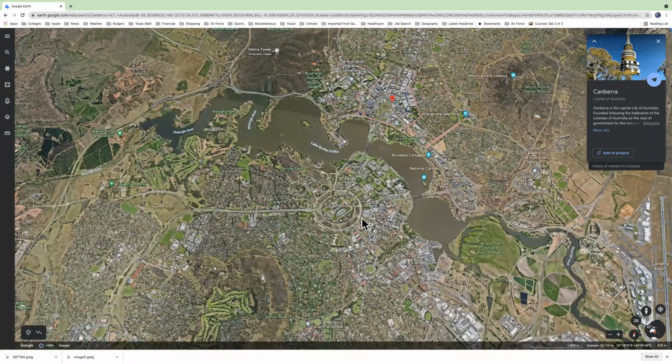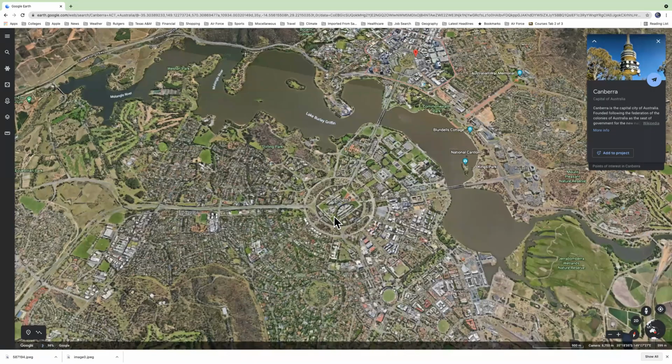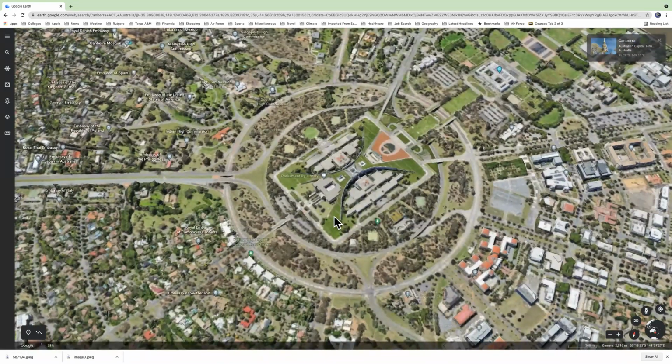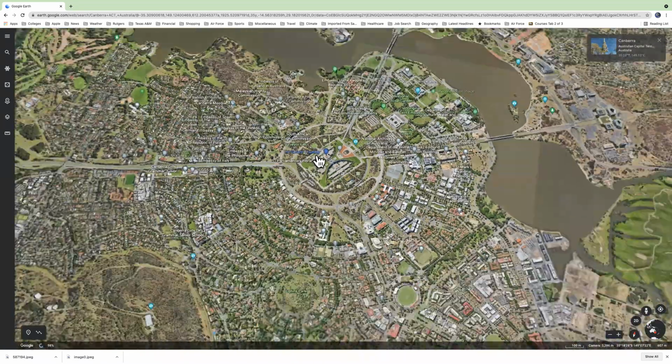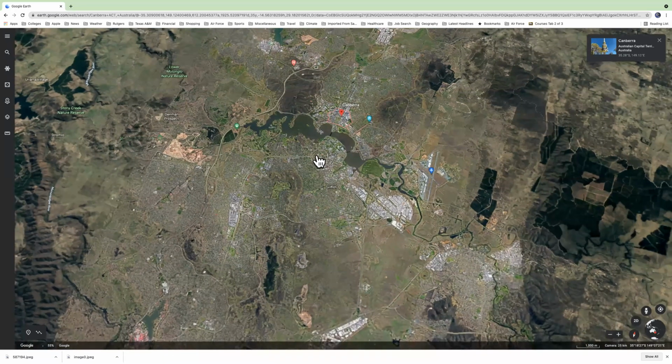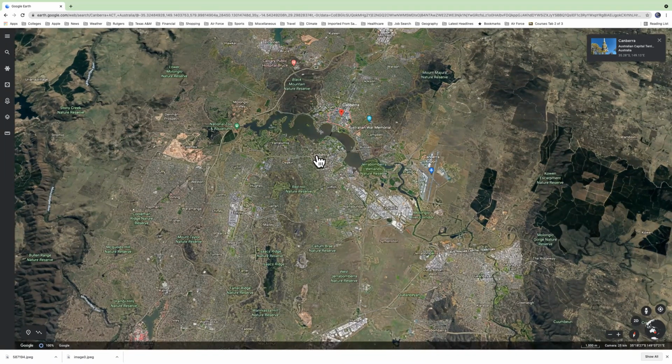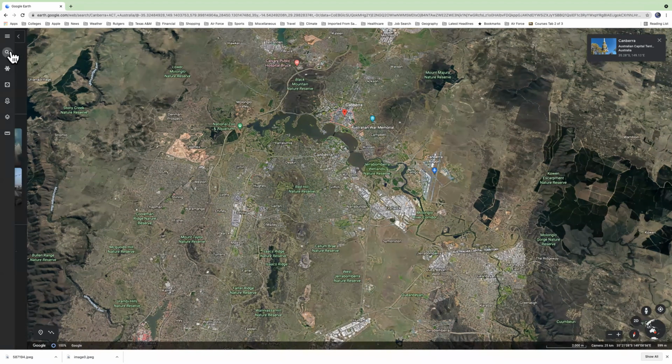Notice how beautifully organized it is, with lots of circles. This is where all the administration of Australia happens. This is where their parliament is. All their government functions are here. They're not in Sydney. They're not in Melbourne. They're not in Perth. They're in this invented city.